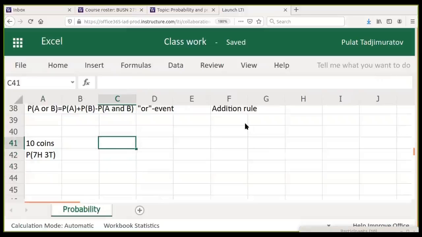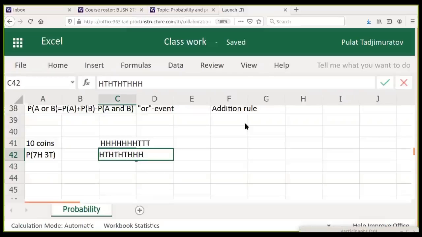It's like you can have the first 7 be heads and then 3 tails, or you can have head, tail, head, tail, head, tail, head, head. I'm not sure how many symbols are there already. Yeah, okay, looks all right. Or you can have something like 3 tails first and then heads. So there are tons of different combinations.